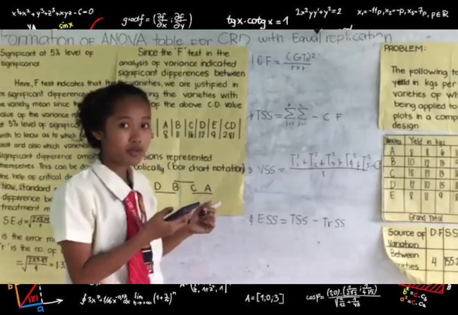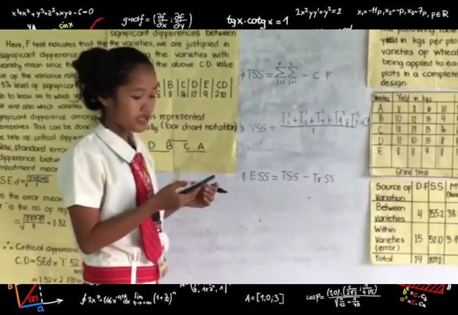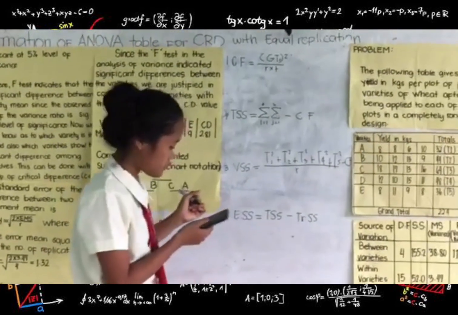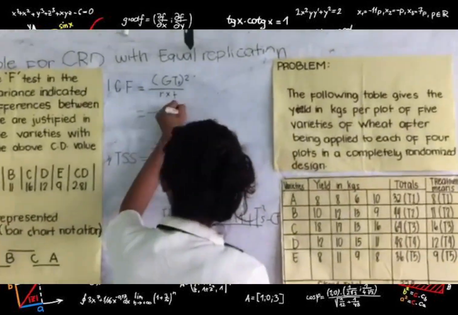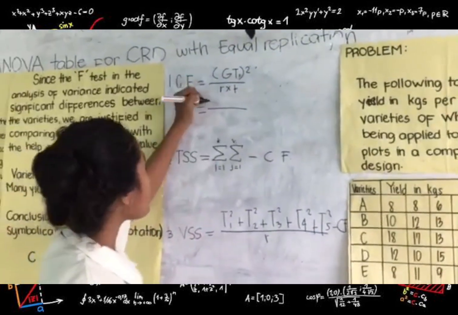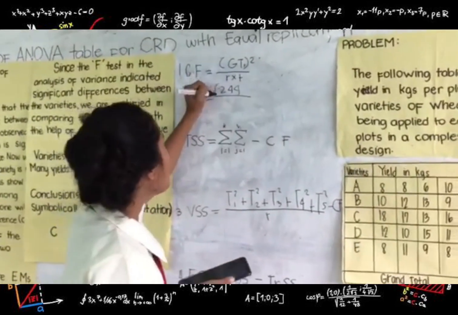Where R is the number of replications per treatment and T is the number of treatments. Here we have 244 as our grand total.